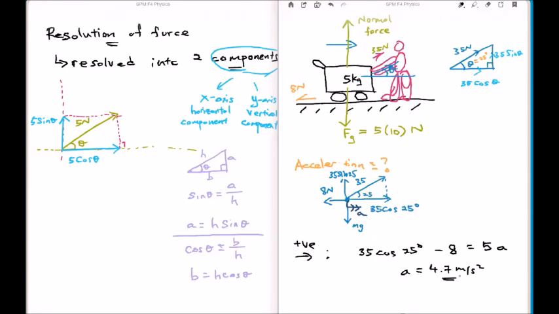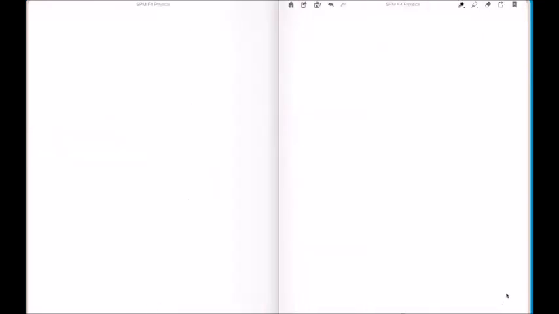Right? So that's free body diagram. Then maybe another example would be a scenario, a box, top view, or bird view.